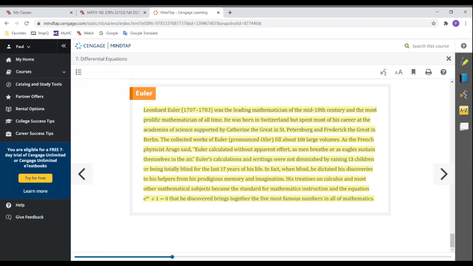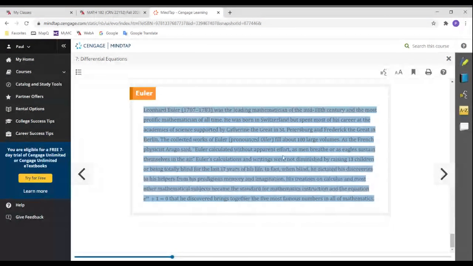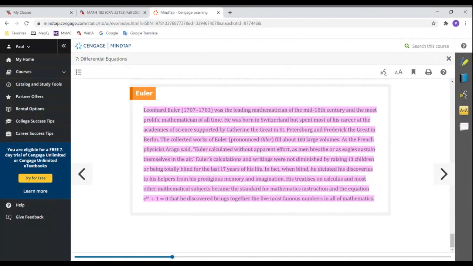Actually, it says here the collected works of Euler are about 100 volumes. What do you think of that? That's pretty cool. How many kind of think that's pretty cool, what you just read there? Well, I hope maybe one or two people might think it's pretty cool.